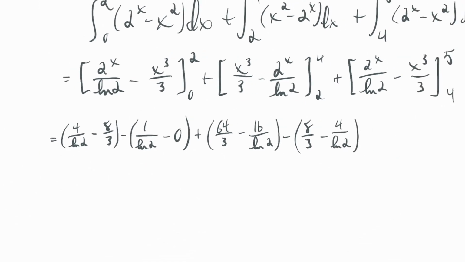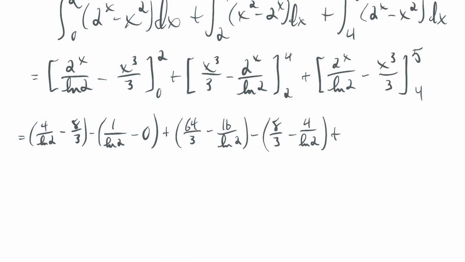Okay, plus, oh yeah, sorry, 2 to the 5th, that's going to be 32 over ln of 2. Sorry, I started wondering if I'd made a mistake earlier. Hopefully not. And then, I'm sorry, 125 over 3.